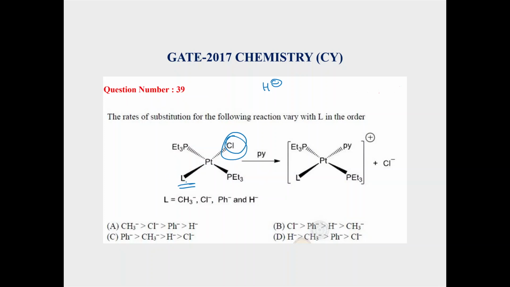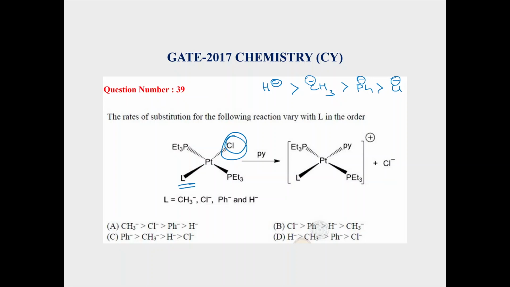If this ligand L is a better trans-directing group, then the rate of reaction will be faster because it will substitute the Cl minus faster. So in that series, H minus comes first and then CH3 minus followed by PH minus, and Cl minus, that is the halides, come towards the end of this group as I already told.